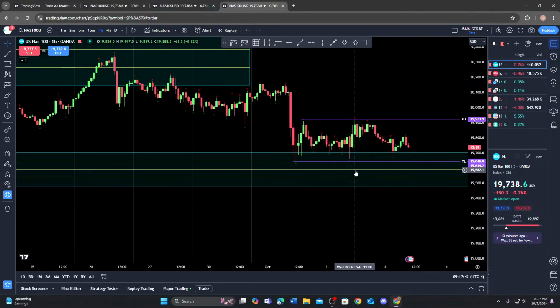And then on the lower time frames, looking for confirmation, like certain patterns that form or certain liquidity voids, stuff like that, for it to run buy side or sell side.